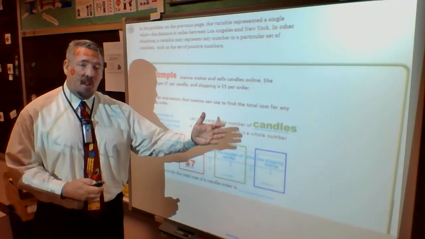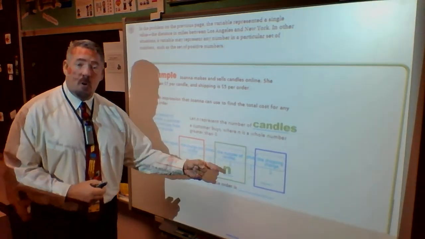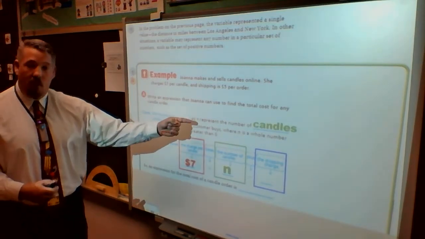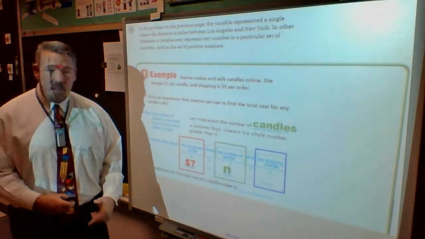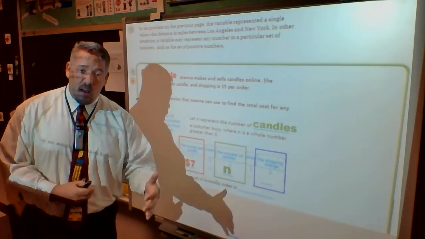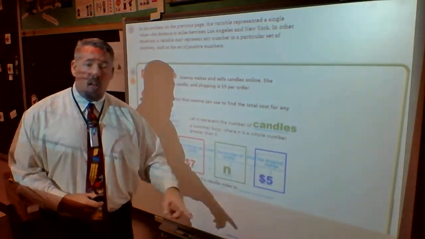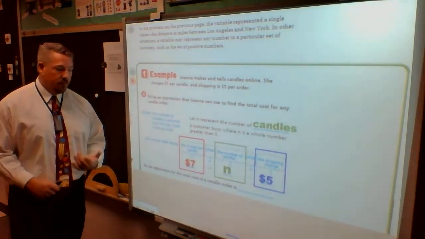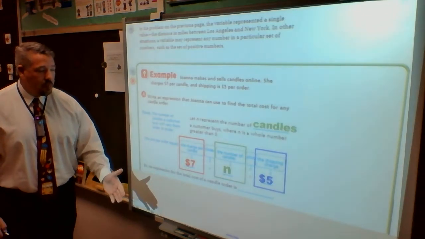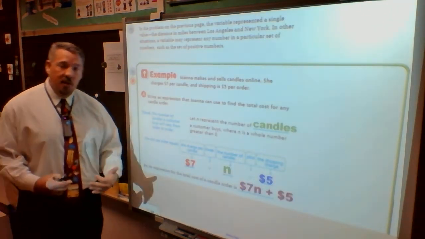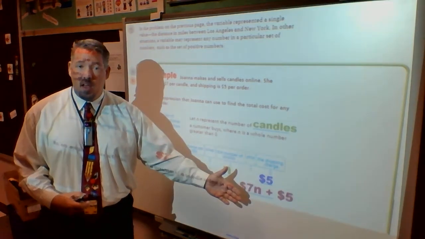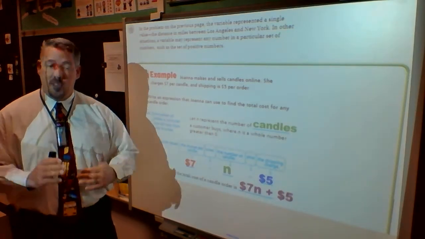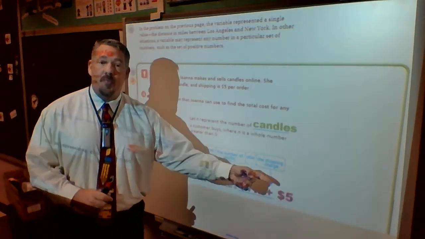I don't know how many candles I'm selling, but I know I'm going to represent it with N because this is what it told me to do. And then for every order, I'm going to add an additional $5, which is my shipping charge. So when I write out my expression, what I end up with is 7 times N. A letter touching a number, once again, is multiplication, plus 5.